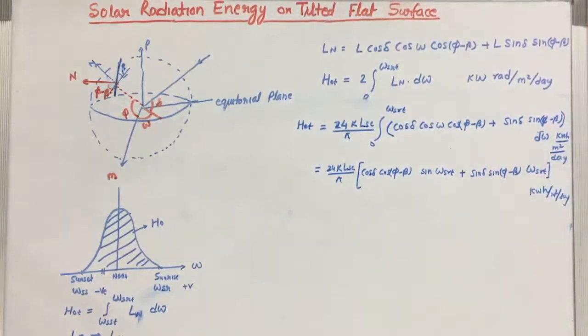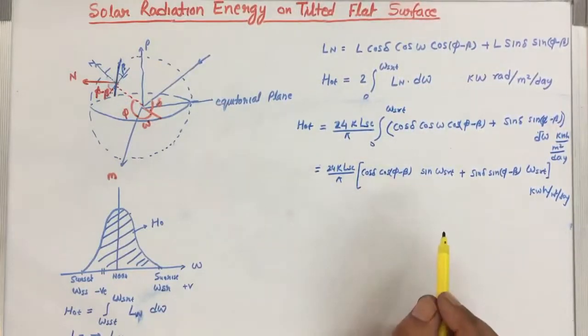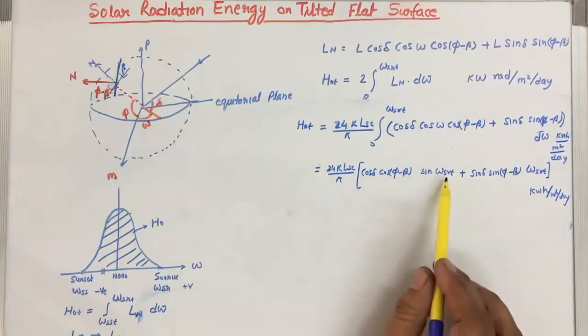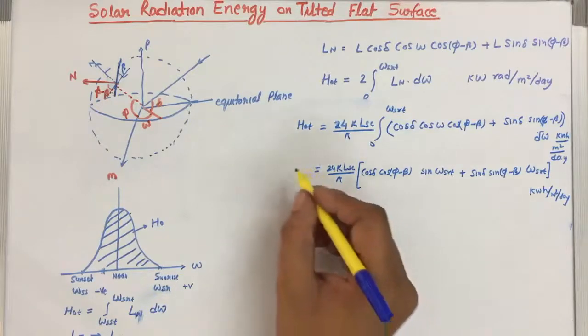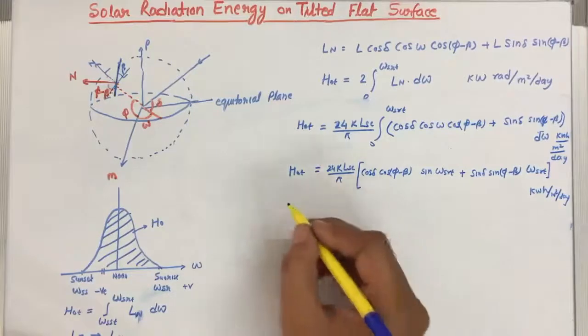And all the terms are known to us now. The only concern is what will be omega SRT for tilted surface. So let us concentrate on that point once again.